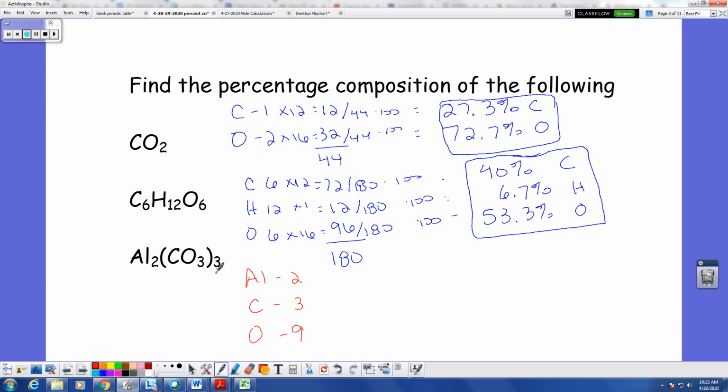Okay, remember this 3 out here goes for the C and for the O. So 3 times 1 is 3 carbons, 3 times 3 is 9 oxygens. 2 times 27, that's going to be 54. 3 times 12, that's going to be 36. 9 times 16, that's going to be 144. We add that up. We get 234. So we'll divide by 234.